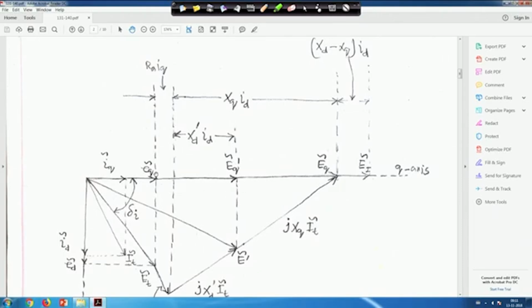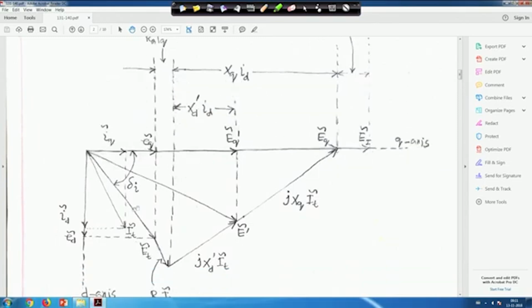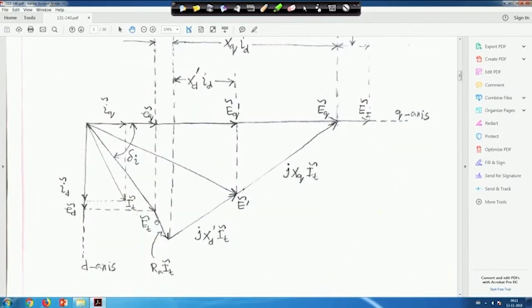So, it is basically EQ tilde plus RAIQ plus XD dash ID. From here to here the distance is XQ ID, and this is your current IT tilde. And this is your voltage ET tilde, this portion is RAIT tilde, this portion is J XD dash IT tilde, this is your E dash tilde, and this is your JXQ IT tilde.